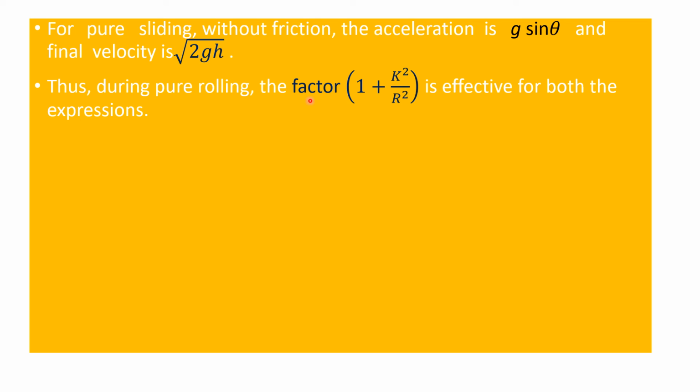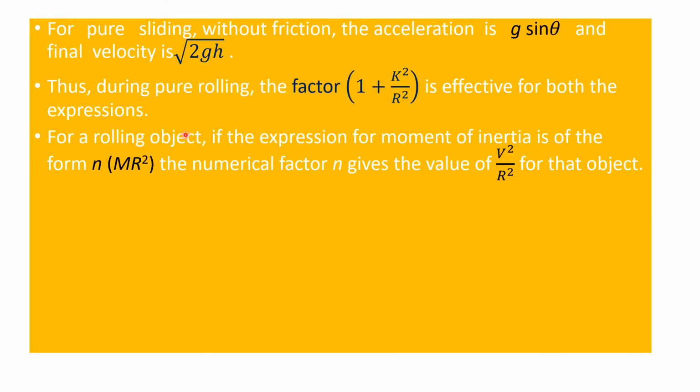Thus, during the rolling motion, the factor 1 plus k square upon r square is effective for both expressions. For a rolling object, if the expression for the moment of inertia is of the form n into m r square, the numerical factor n gives the value of k square upon r square for that object.